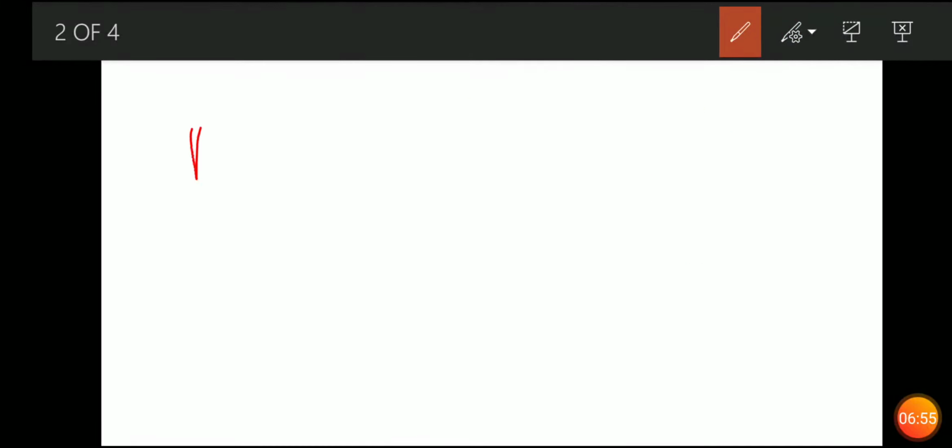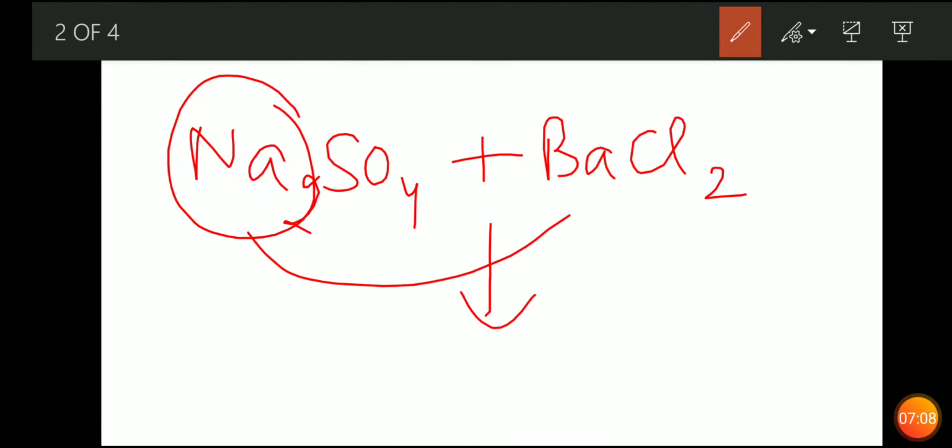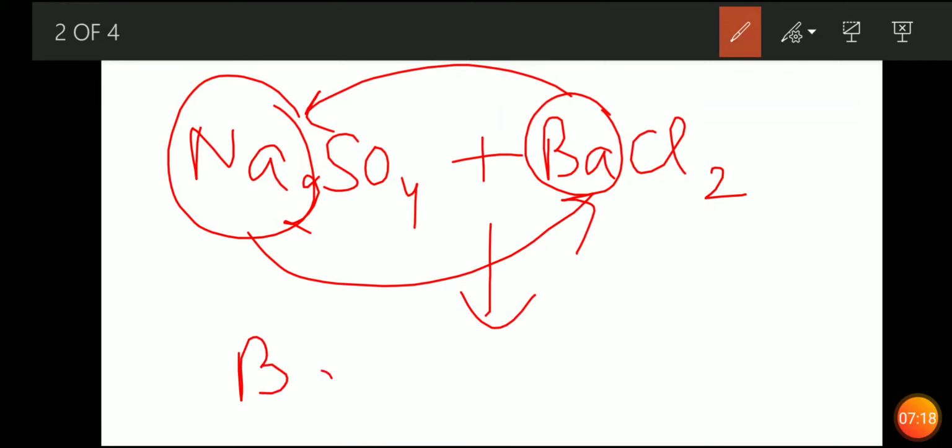Now sodium sulfate is Na2SO4 plus BaCl2. On reacting, what it will do is this sodium comes in place of Ba and this Ba comes in place of sodium. So we will get new compounds, that is BaSO4 plus NaCl.